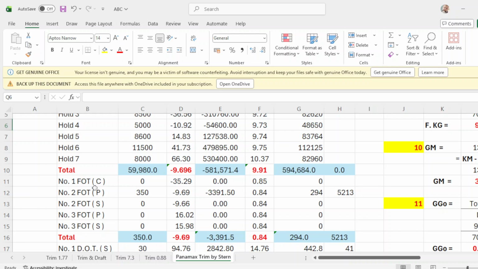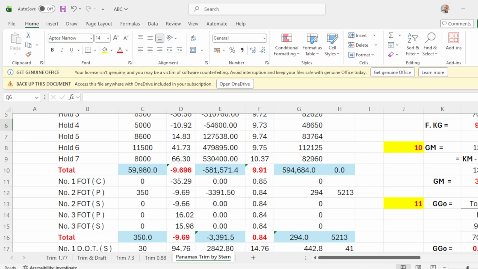So this is your fuel tank. It has a weight of 350, and it will have a free surface of 5213. Meaning the tank is not totally full. What is the free surface, or the empty space in the tank? This is the value of your empty tank in your FO22.